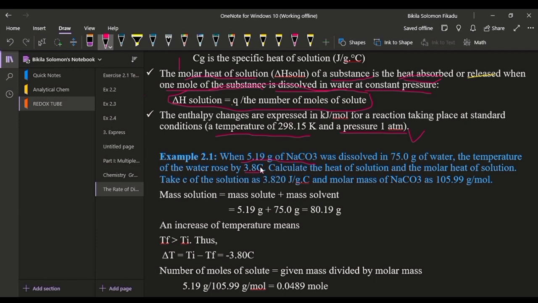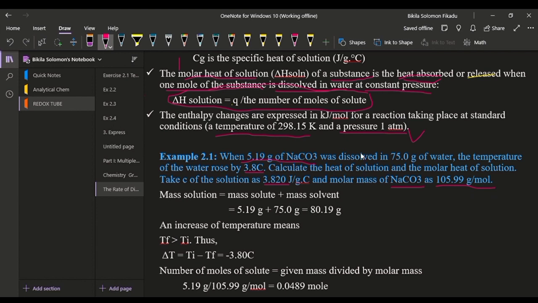Water in temperature is 3.8 degrees Celsius. So calculate heat of solution and molar heat of solution. So take C of the solution is 3.82 joule over gram and molar mass of sodium carbonate is 105.99 gram per mole.